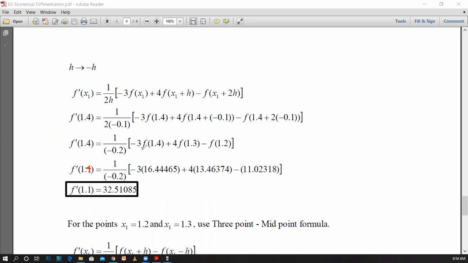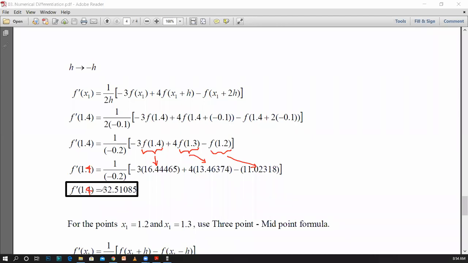Now this is the value we have obtained for f(1.4). This is the value given for f(1.3), and here we can see the value given for f(1.2) is 11.02318. Therefore, using this appropriate substitution, you can get the value of f'(1.4).